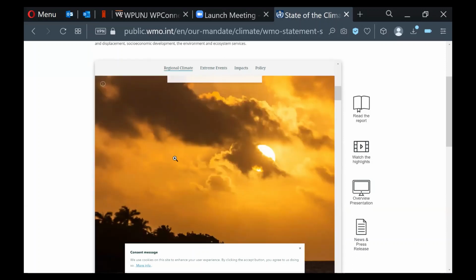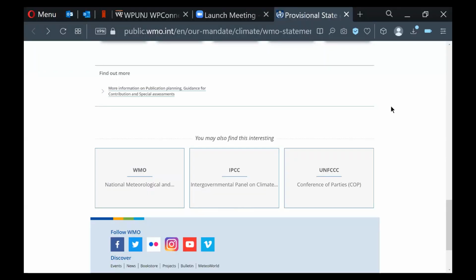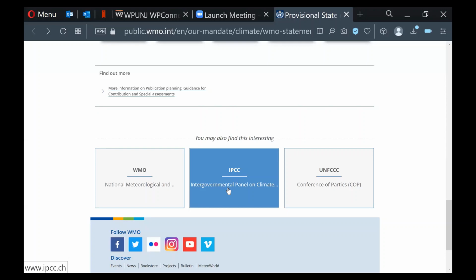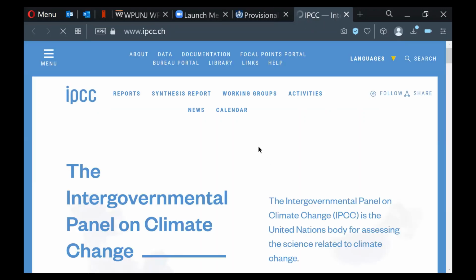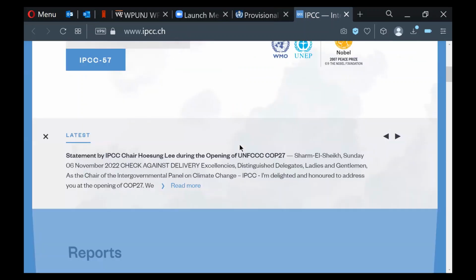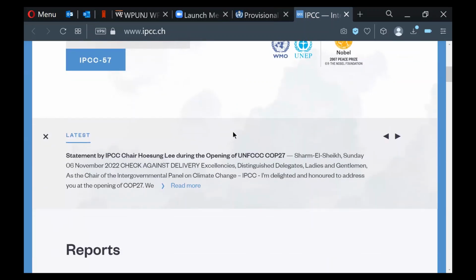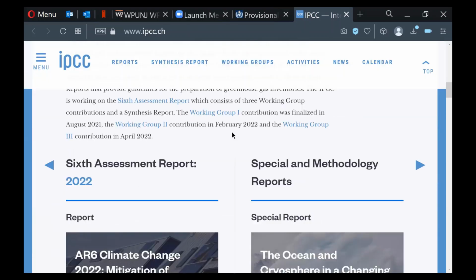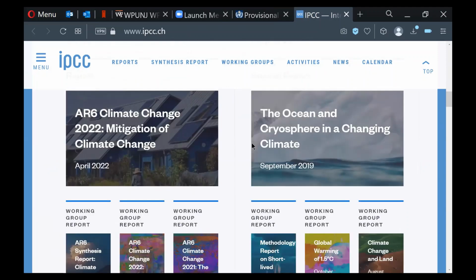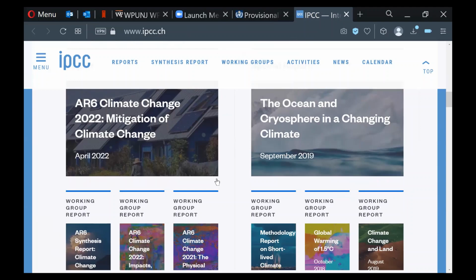So you can take a look at this information. And while you're on this website, at the bottom, you have the IPCC. And there's a lot more information here on the different reports. So definitely take some time to explore these sources.